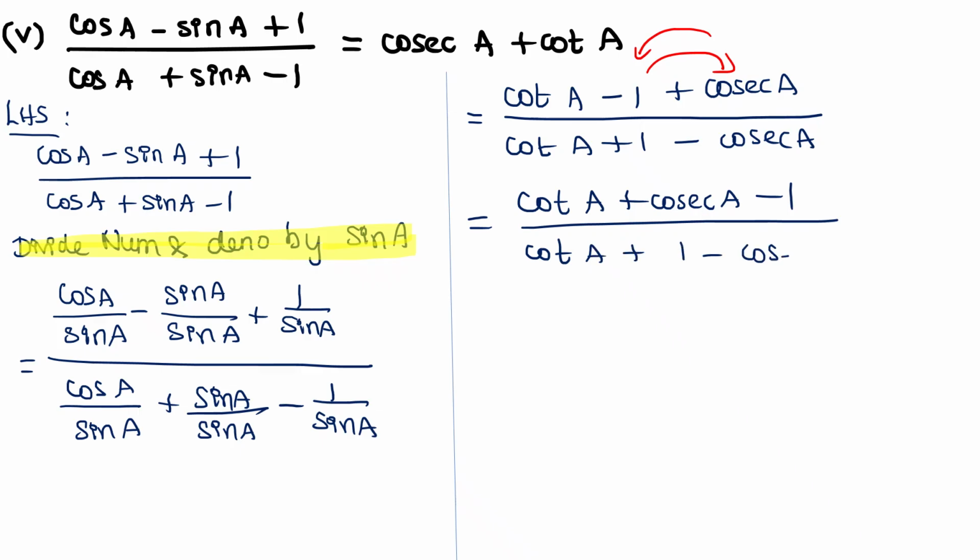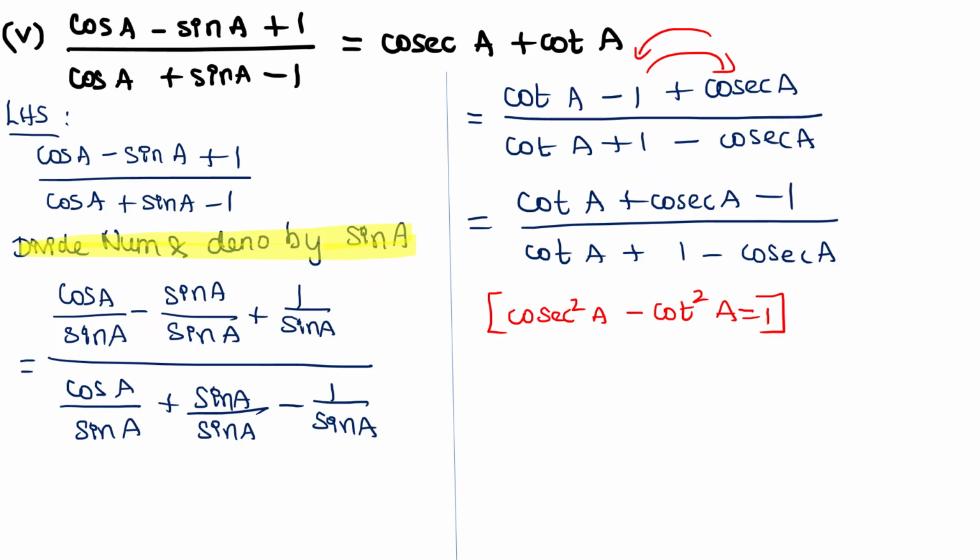So already you know an identity related to cosecant and cot: cosecant square A minus cot square A is equal to 1, right?